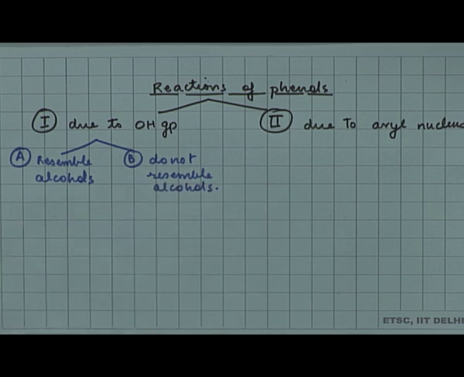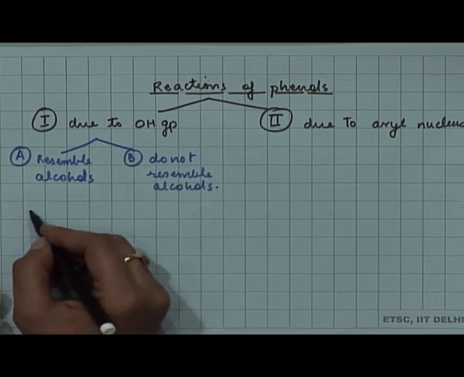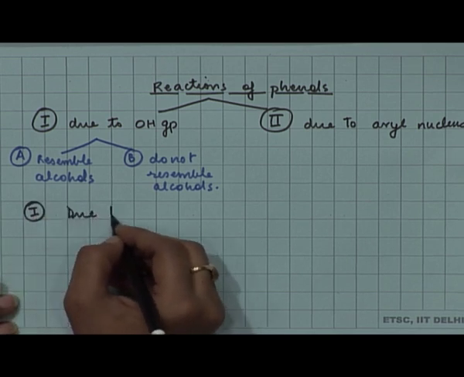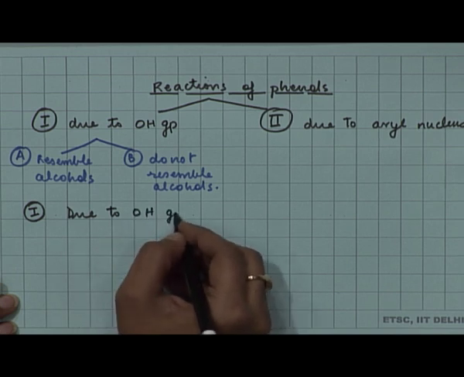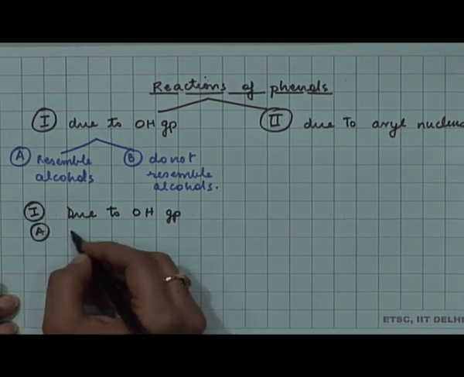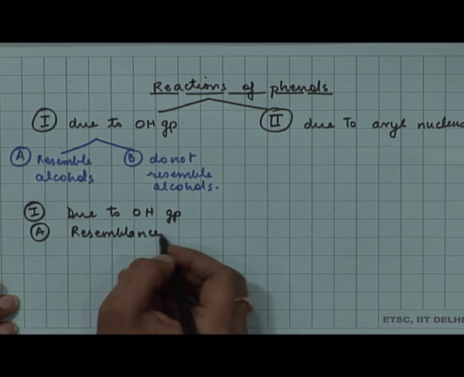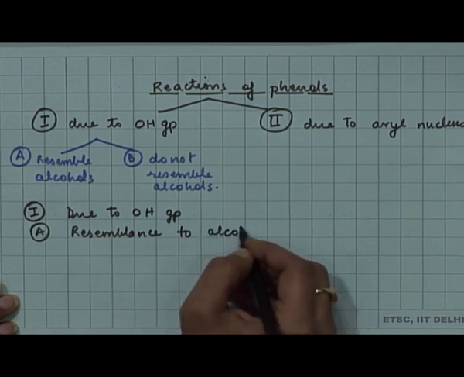So, let us take each of them one by one. I start with the reactions due to OH group, and in here I take those in which the phenols have a resemblance to alcohols.